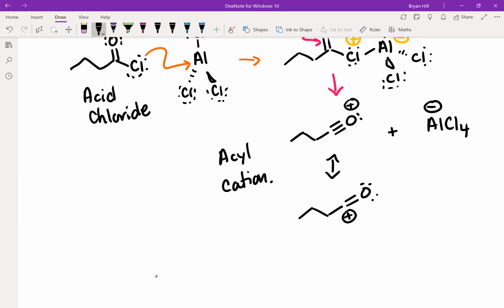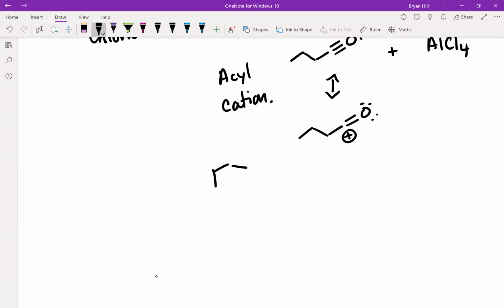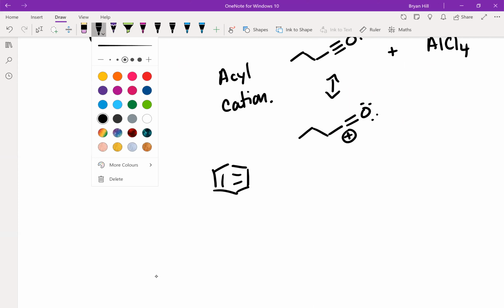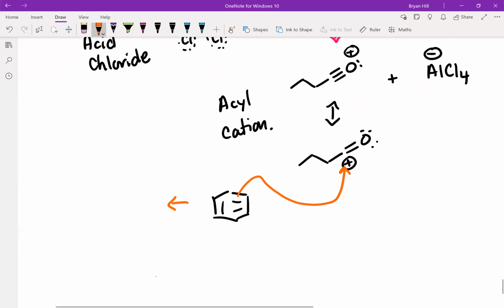And the ring will attack it. All of the same restrictions apply, like you can't have an electron withdrawing group, that type of thing. But when this attacks here, I could have it attack either resonance structure.